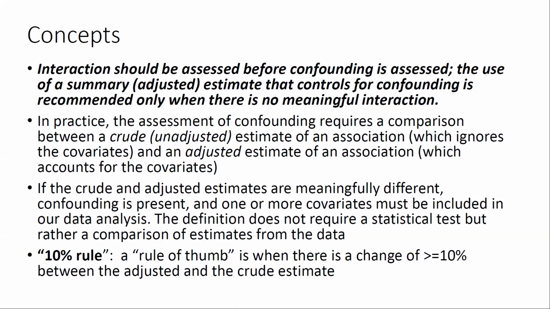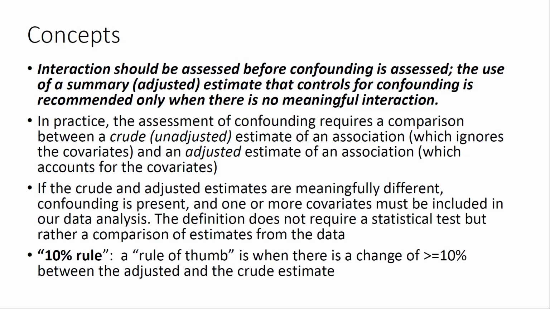So in practice, assessment of confounding requires a comparison between a crude estimate and an adjusted estimate of an association. The crude estimate is without adjusting for the potential confounders, and then we will see if there's a big change in the relationship between the outcome and the exposure.